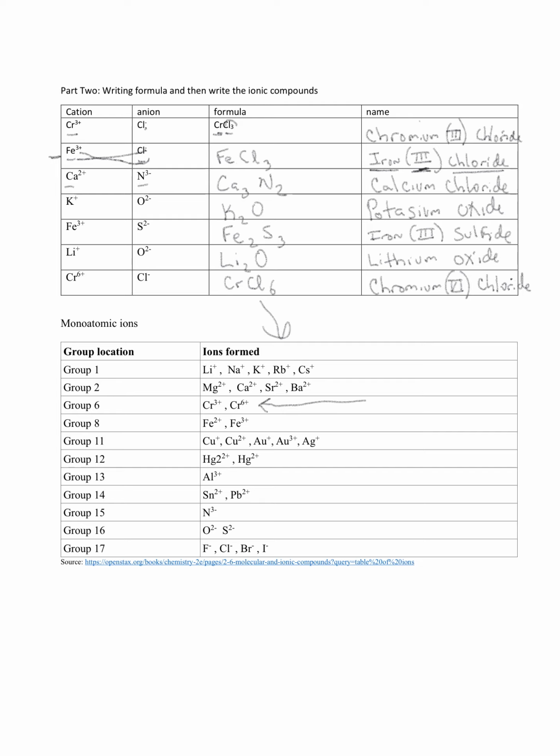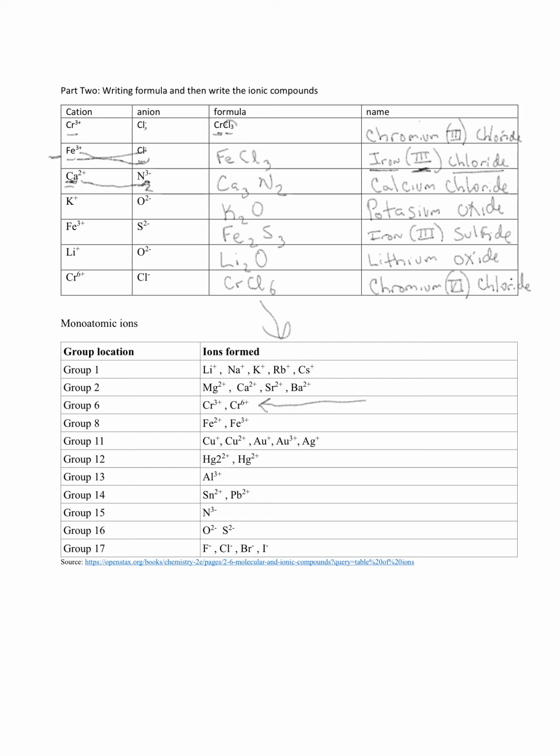You look at the charges, calcium is a +2, nitrogen is a -3. I'm going to cross the charge. In other words, I'm going to use the positive charge, the charge of the calcium, and use that as the subscript for the nitrogen.